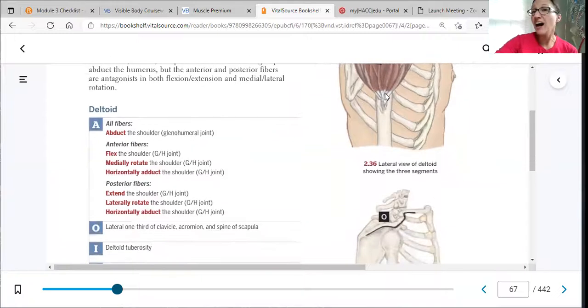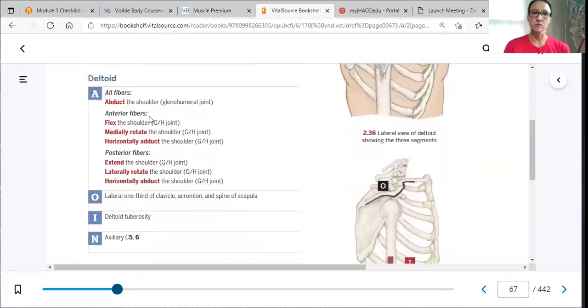Now, since we have different fibers of deltoid, we have different actions. The anterior fibers, right here, are the ones that are located right about here, right? Anterior fibers do anterior kind of action. So anything that's on the front of the body typically will flex or medially rotate, right? So this is no exception.